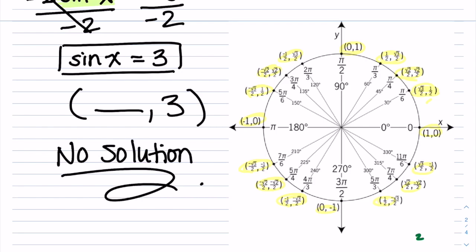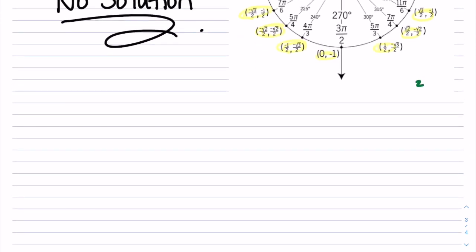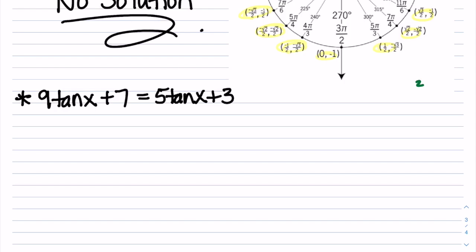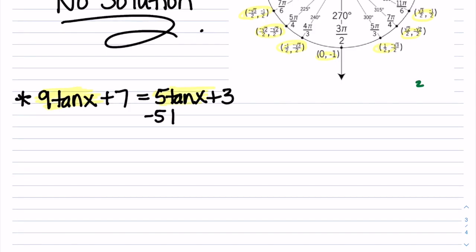And then I'll do one more example with you. I'll do one that has tangent, so we can practice tangent. So let's say we had 9 tangent x plus 7 is equal to 5 tangent x plus 3. So again, in this case, we're going to combine like terms. I see a 9 tangent and a 5 tangent, so let me subtract those.